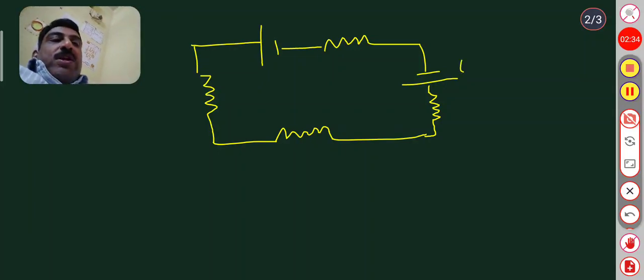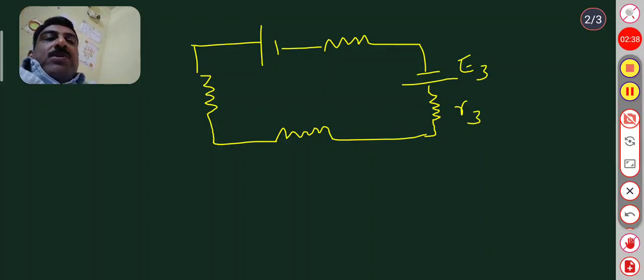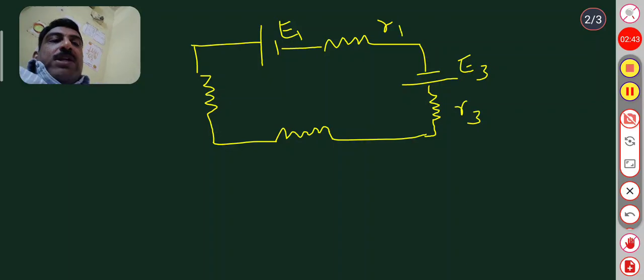So this is your E3, this is your R3, this is your E1, this is your R1, and one more cell is given to you here. This is your cell and its internal resistances.